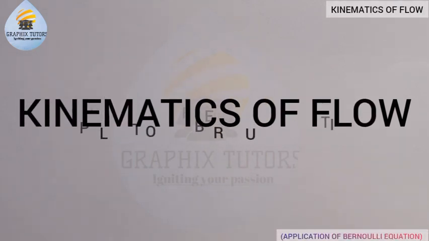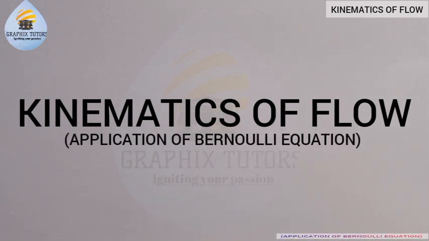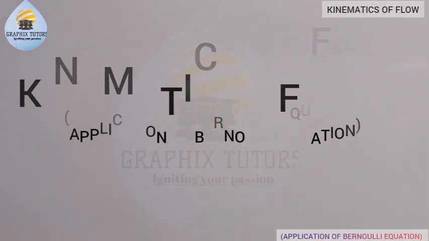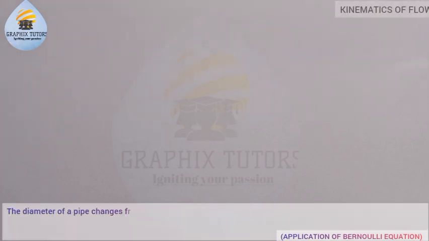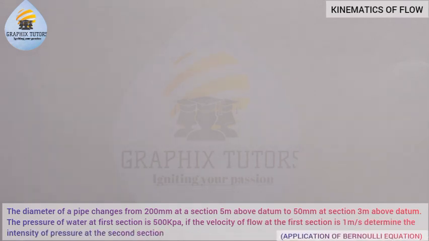In today's video, we want to learn how we can apply the Bernoulli equation in solving problems involving flow in a pipe, right? And this problem, the question goes like this. It says the diameter of a pipe changes from 200 millimeter at a section 5 meter above datum to 50 millimeter at a section 3 meter above datum.